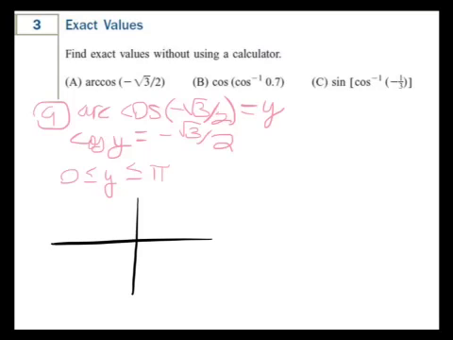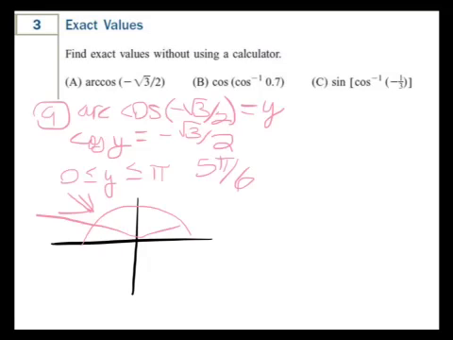So here's our graph, and we're going this time from 0 to pi. These are the angles that we're talking about. We're talking about the square root of 3 over 2, and we're doing negative, which means we're going to be in this area. So looking at your circle, it's going to be 30 degrees, but we're talking about this 30 degrees. So in radians, we're talking about 5 pi over 6.